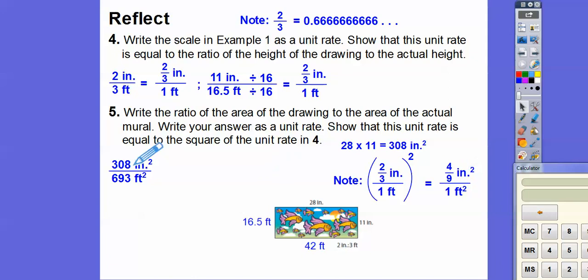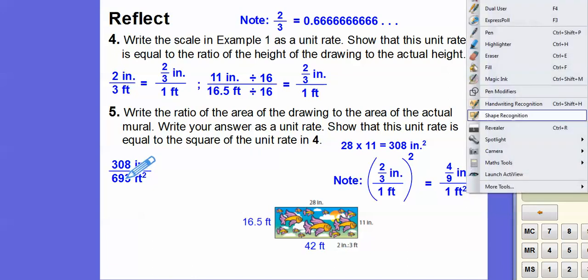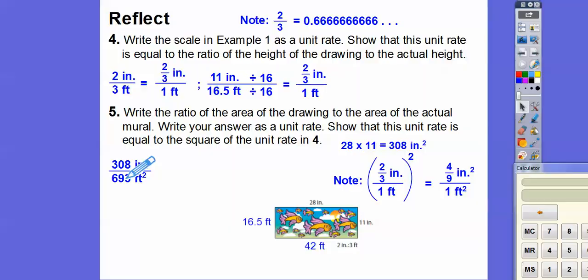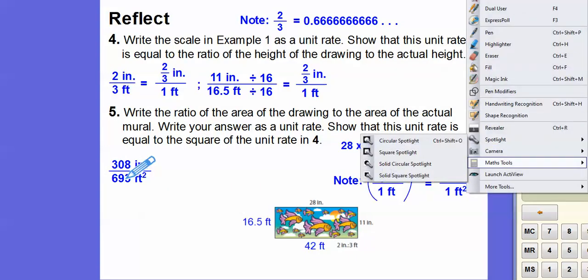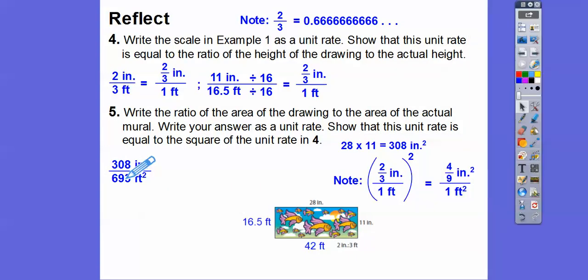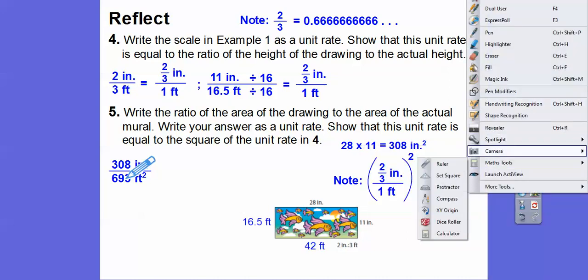So let's divide this by 4 and this by 9 and see if that gets us the same number right here. Because they want us to reduce it to 4/9. Okay, so what I'm going to do is use my calculator and do 308 divided by 4. Here we go. Math calculator.